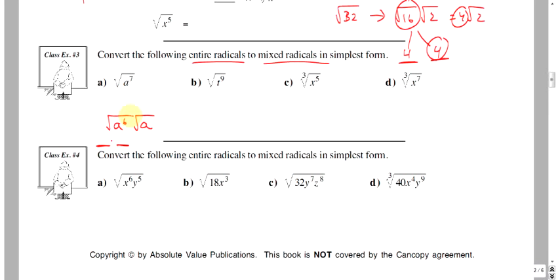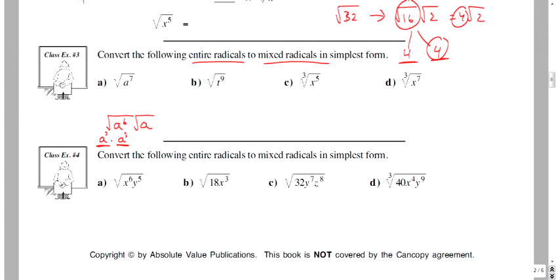Anybody? Chloe? Not 1. What is a cubed times a cubed? Multiply, same base, add the exponents. What's 3 plus 3?